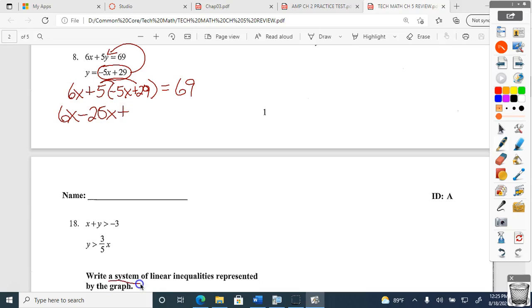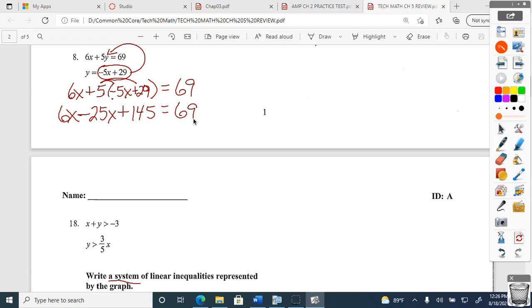I'm not sure what 5 times 29 is. 145? 145. I'm trying to erase because that looks like a 20 and I don't want it. There we go. Try this again. So that's negative 25x plus 145, you said? Yes, sir. Thank you. Equals 69. All right?